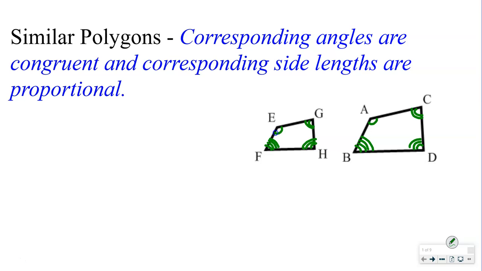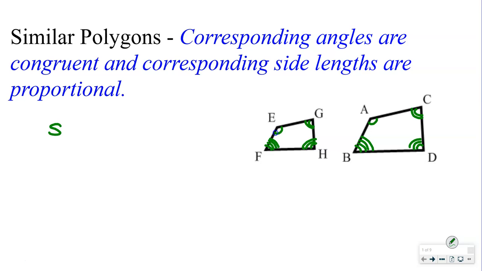They're not congruent, and you can even tell that EFHG is smaller than ABDC, but the angles are the same. That means that they're similar. Similar shapes, but different sizes, expanded or shrunk.